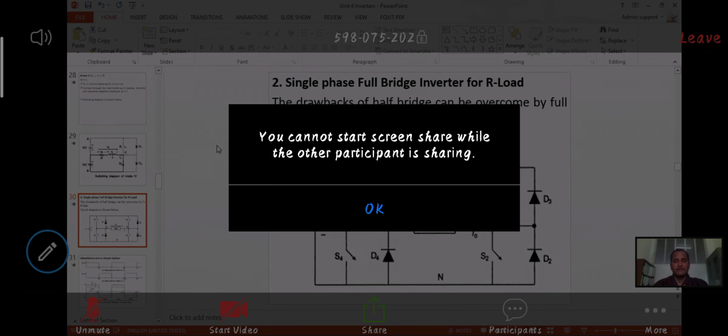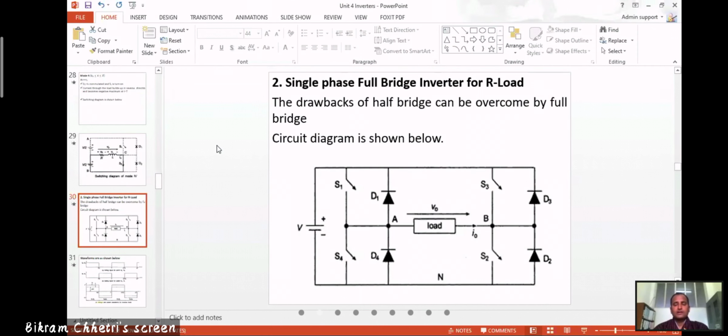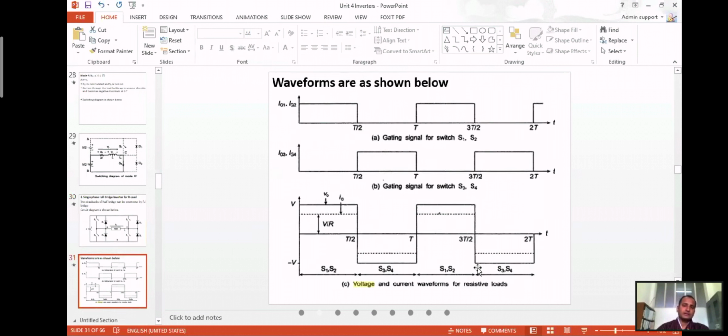Similar to this, the switches S1 and S2 can be turned on, meaning triggered, at a particular point, and this is the waveform as shown. When the switches S1 and S2 are triggered with the help of the gate signals IG1 and IG2, then the output voltage will be V0, and the current will be V by R if the load is resistive.